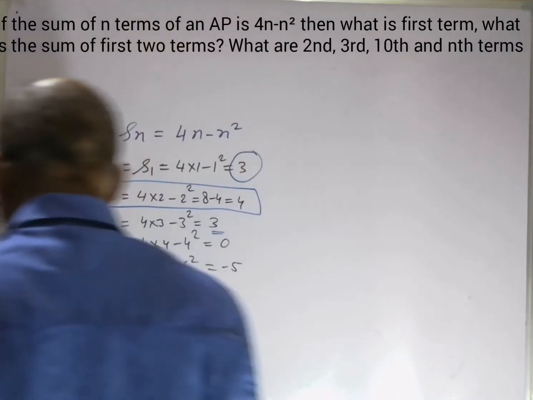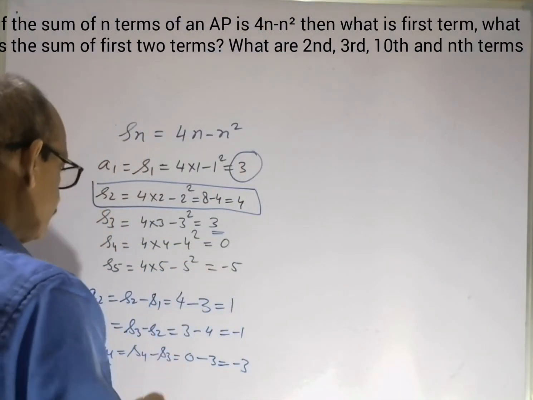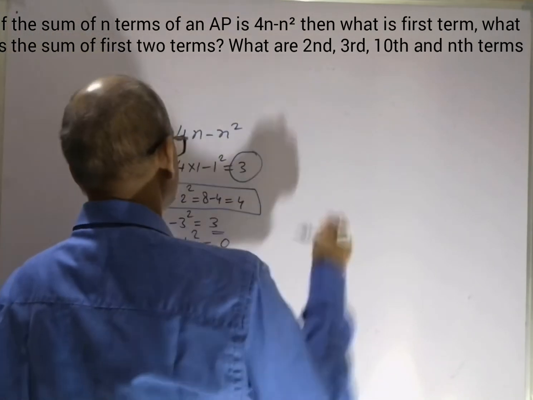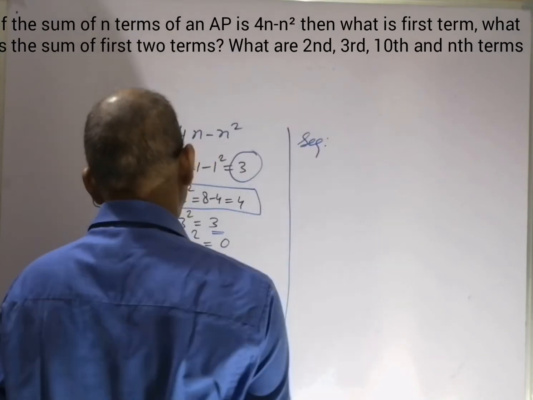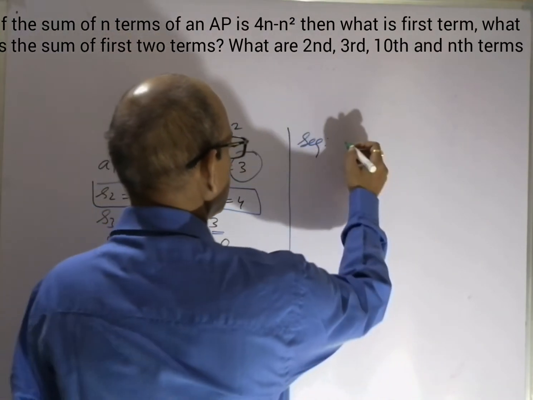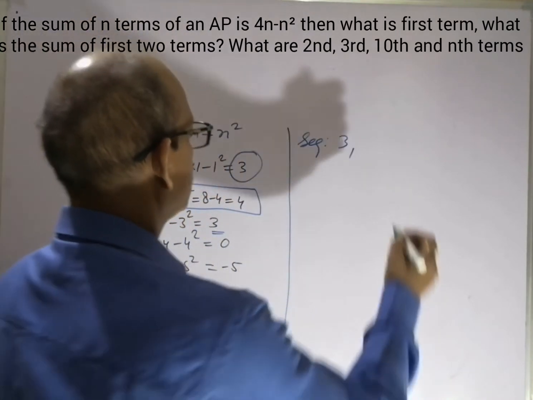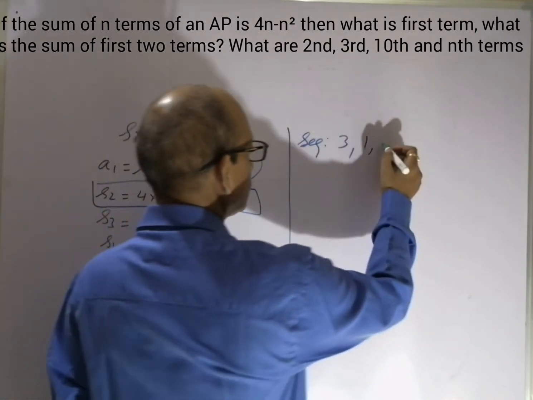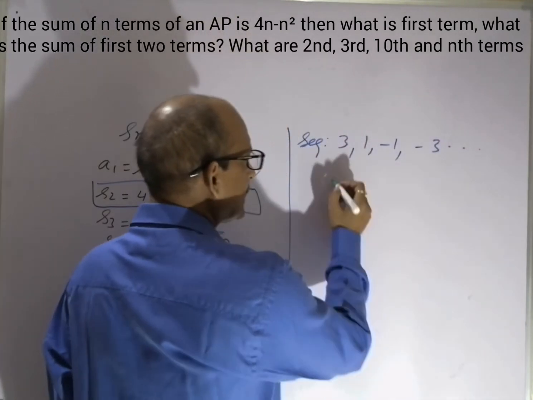Now we have the sequence like this. First term is 3. Next term is A2, that is 1. Third term is minus 1. Fourth term is minus 3. And so on.